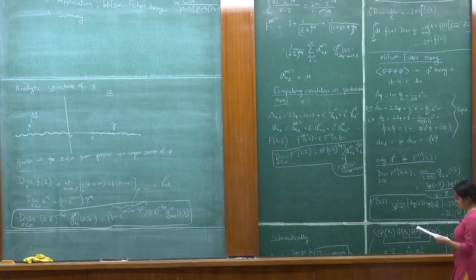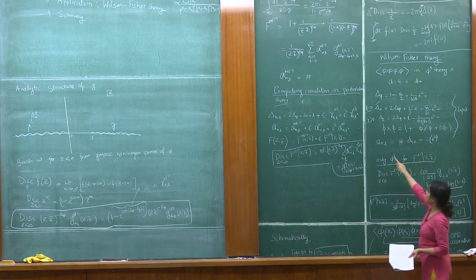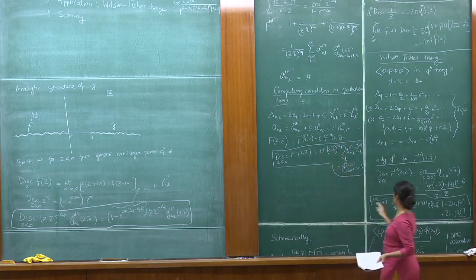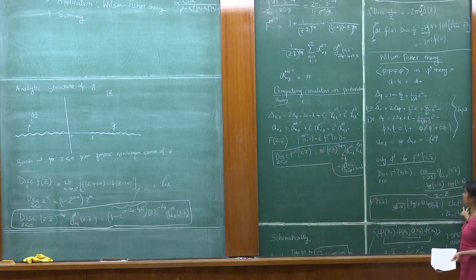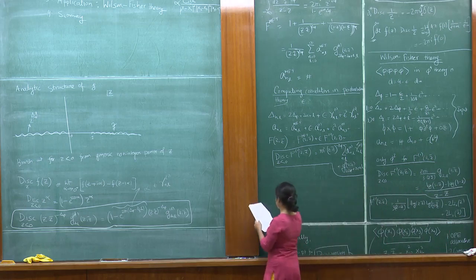So this is what we get, and now we need to compute the order 1 correction to this OPE coefficient. So we have this expression and we can again decompose it in terms of conformal blocks, and we end up getting this OPE coefficient.